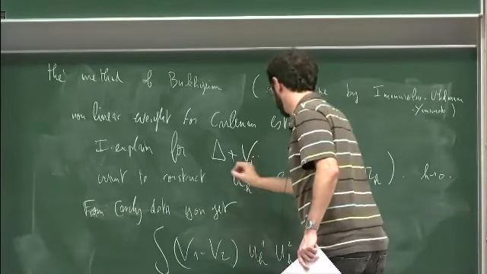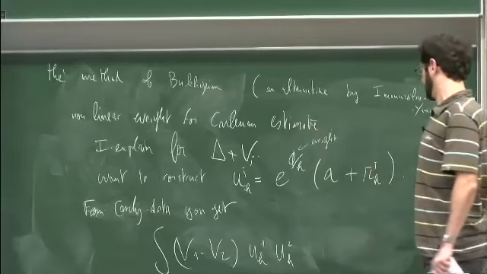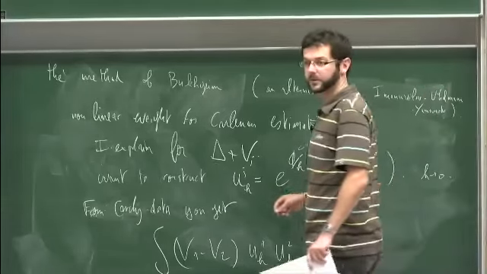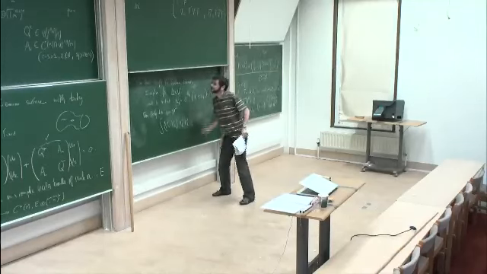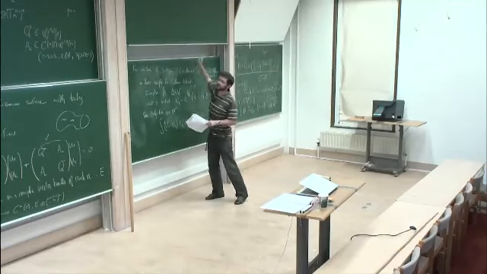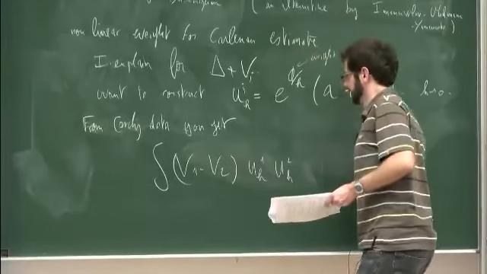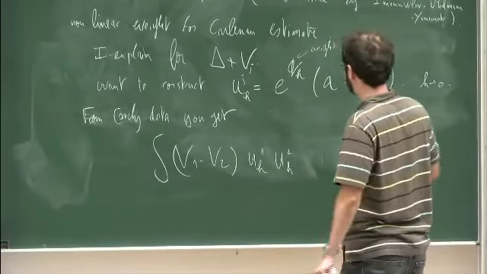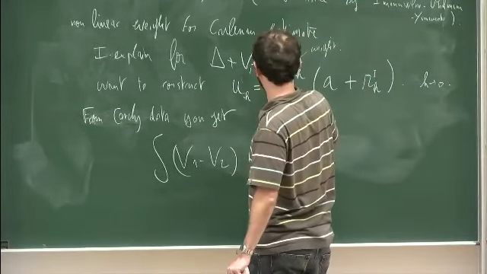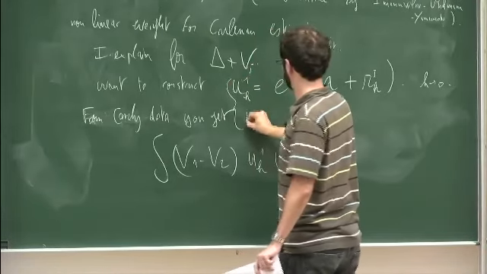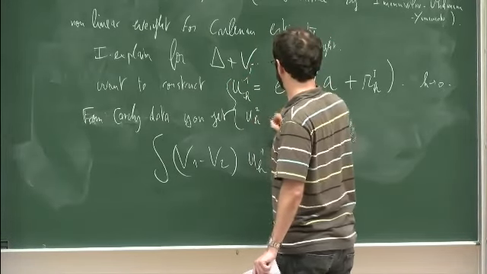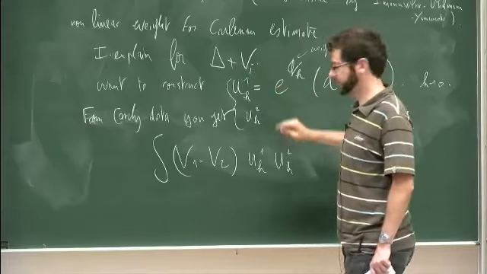So let me call this like this. This will be u_1^h and u_2^h, the solution for the first potential and the solution for the second potential.